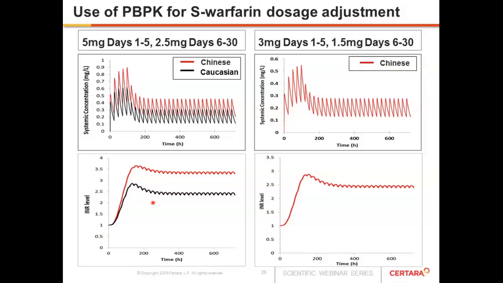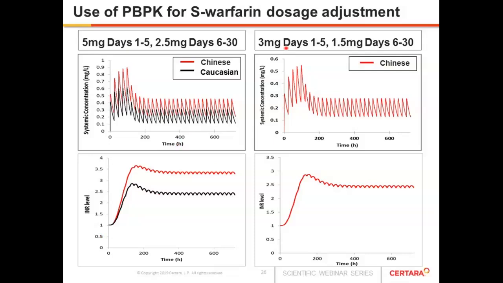Unfortunately, if you give that same dose to a Chinese individual, because of the lower clearance in Chinese individuals, that same dose given to Caucasians will be too much. So using the PBPK model, we were able to identify what dose will be appropriate for an average Chinese individual.